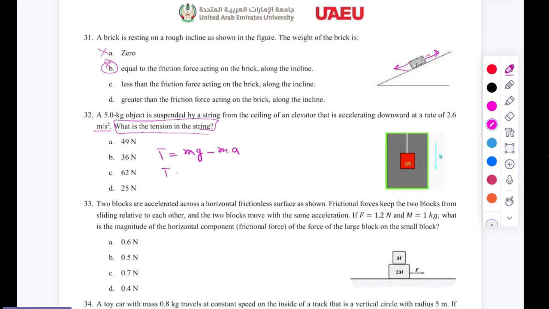So T is m times g plus a, where g is 9.81 and the acceleration is 2.6. So we will get 36 Newton.